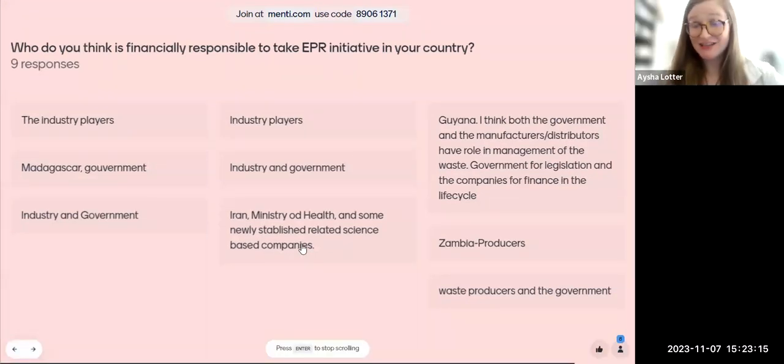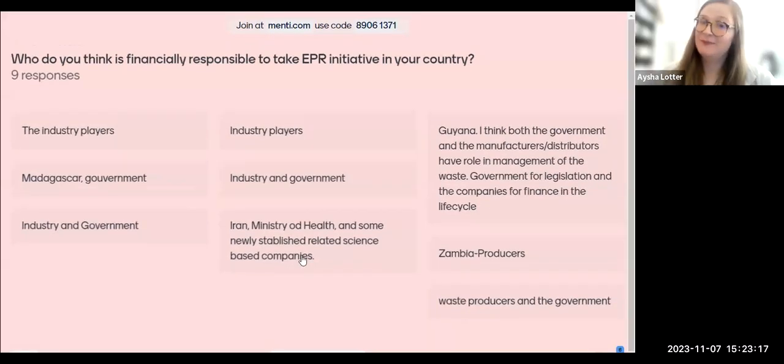Yeah, so financially responsible, that is a charged comment. I mean, we can look at industry as a monolith and government as a monolith, but both have very specific different components to each of them. We have local government, municipalities, who are currently incredibly strained and under-resourced, zero capacity to manage a massive incinerator. They're not going to be able to set that up for their province. So it doesn't make sense at that level.